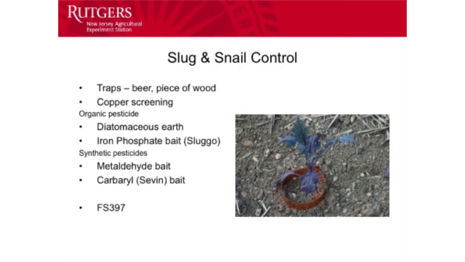Diatomaceous earth is a powder-like material made from diatoms, and when they die, they leave this skeleton-like material, very coarse. So if you look under a microscope at that powder, it's very sharp, and the snails and slugs don't like to crawl across it, so you can sprinkle that material around plants and they won't get in there. It has to be reapplied with the rain, and you might want to read the label carefully and be a little bit careful about breathing in that material, because I don't think you want that sharp dust in your lungs.